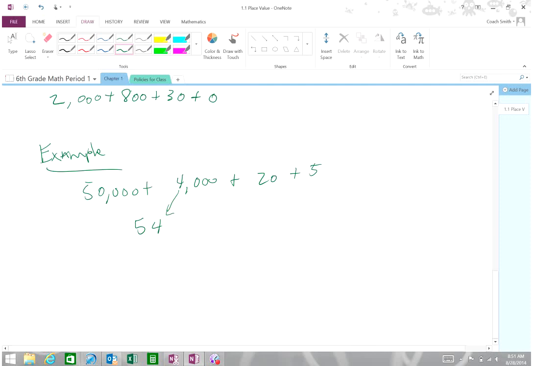Okay? Is the place value tens right after 1,000? What's right after 1,000 in your place value chart? Hundreds. So is there a 100 with it? No. So I have to put a 0. Okay?